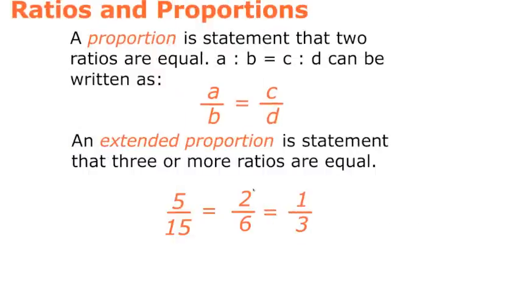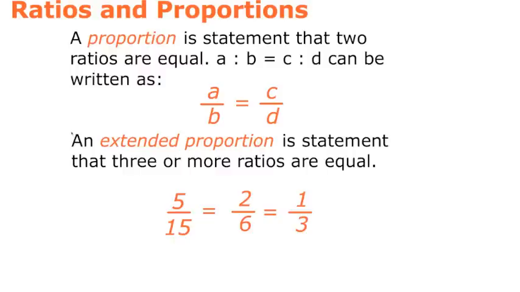Here we are defining a proportion. A proportion is a statement that two ratios are equal. We could write it with a colon and say it as A to B is equal to C to D. It can be rewritten as A over B is equal to C over D. So this is a proportion. Two equal fractions or two equal ratios make a proportion.